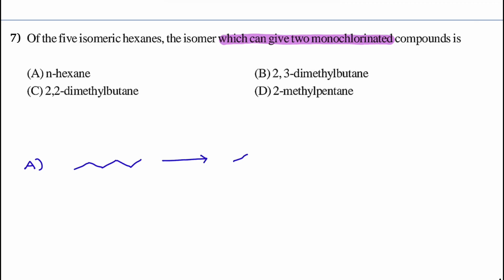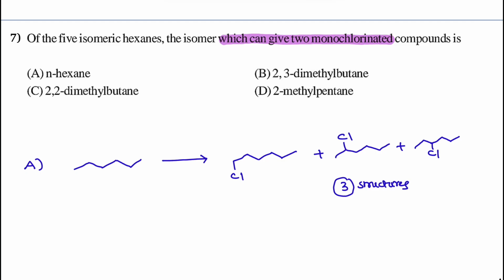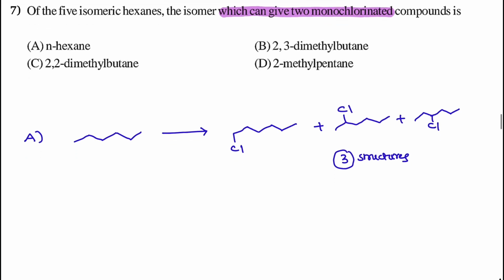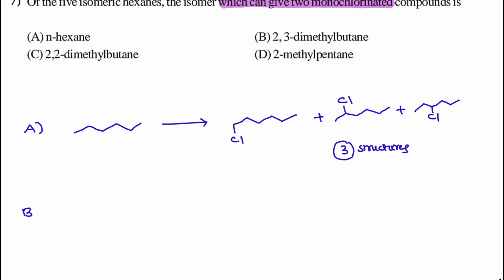Monochlorinated products: this is 1-chlorohexane, 2-chlorohexane, 3-chlorohexane. Even if you write chlorine here, that is 3-chlorohexane. If we do not include stereoisomers, already we got 3 structures. It is not the total number of isomers. Don't be confused. We are getting 3 structures, but the question says only 2. So A is not your answer.